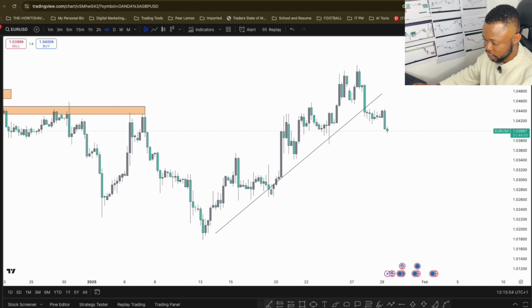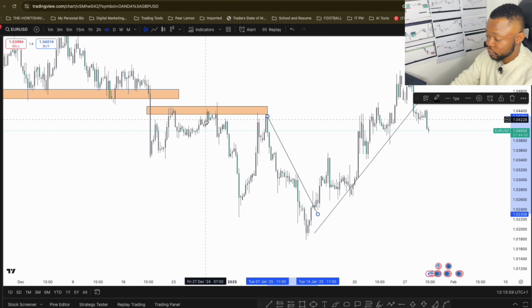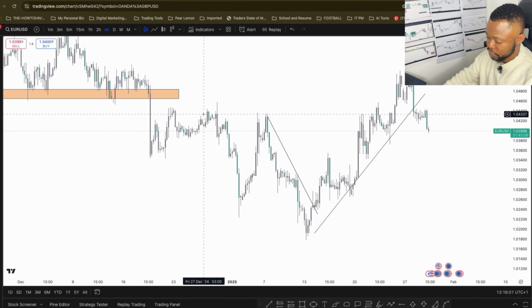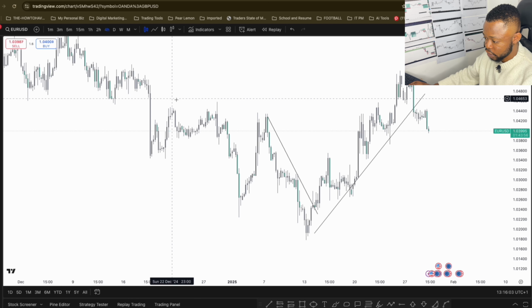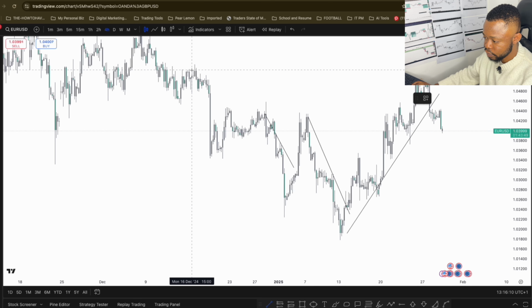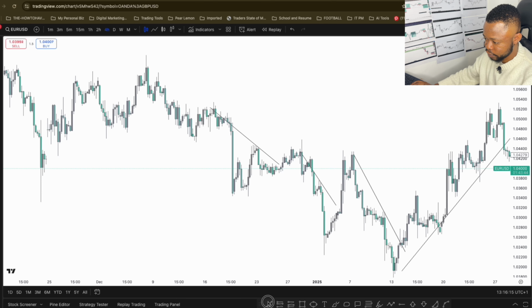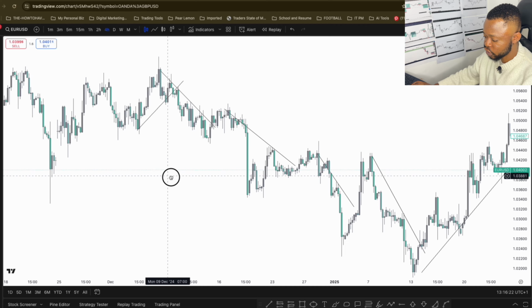This is a downtrend here, there's an uptrend here, and you can see that in loads of places in the market. So let's find another downtrend. We have another downtrend here. We have another downtrend here. We have an uptrend here. So if you are a trend trader, you tend to see a lot of this.